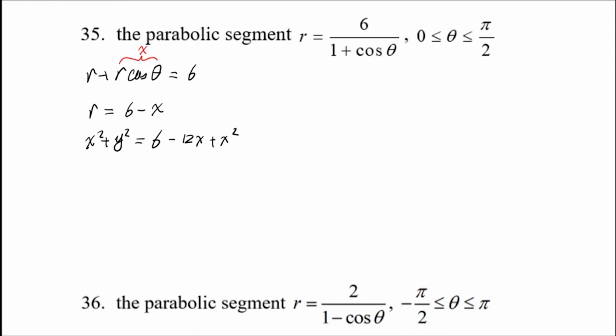Eh? X squared cancels, so we have y squared is equal to 36 minus 12x. Huh, do you see the parabola now? I mean, I don't have to solve it for y, right? So it's like a parabola going this way, you get it? Actually, it's kind of a bad parabola. You with me?